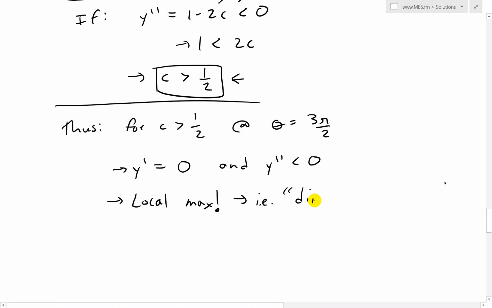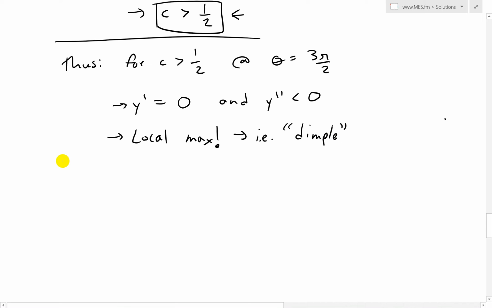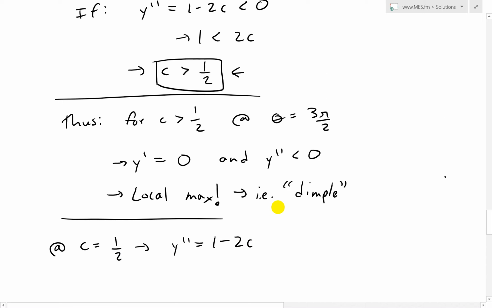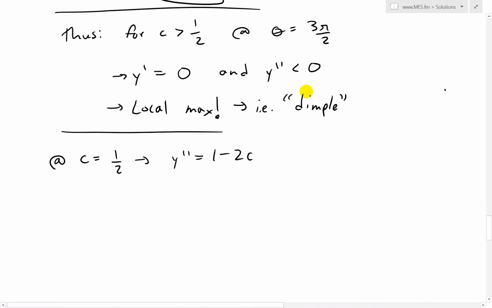So like that, dimple. And now we could just check basically at c equals 1/2, so that's one that's not greater than it, and you can even double check. We have y double prime equals 1 minus 2c, that's the formula above, that equals 1 minus 2 times 1/2, the 2's cancel, 1 minus 1 equals 0.